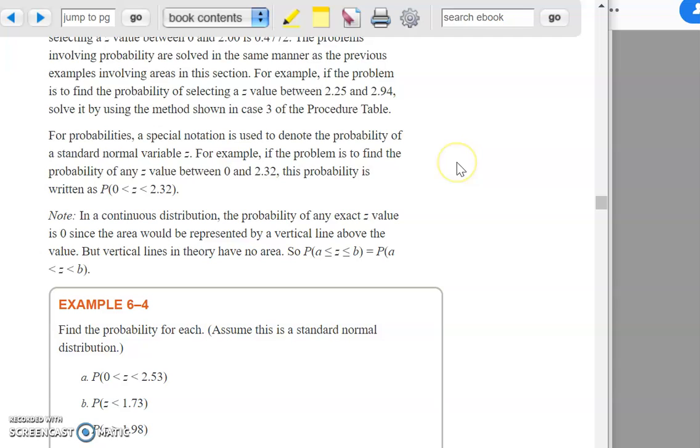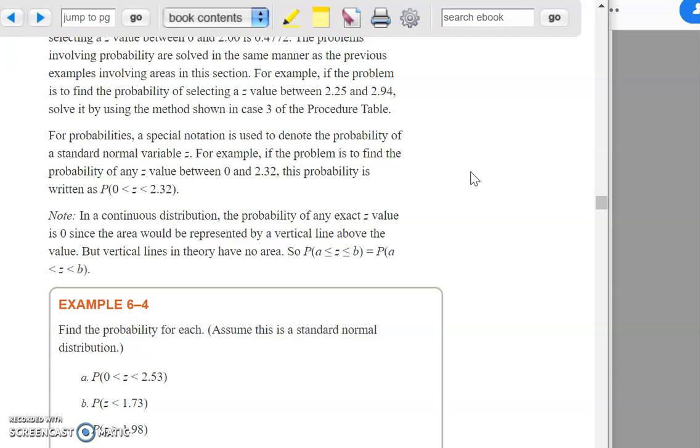Now he makes a very good point here, and I've brought this up myself, that in a continuous distribution, the probability of any exact z value is 0, because the area would be represented by a vertical line. There's no area in a line. A line in theory is 0 width, so there's no area underneath there.